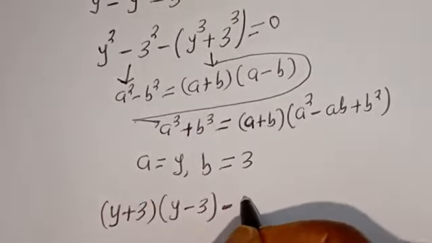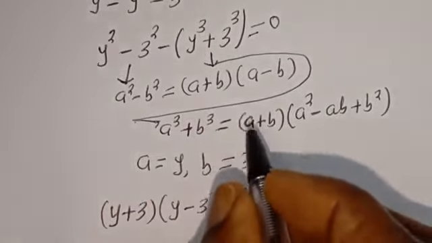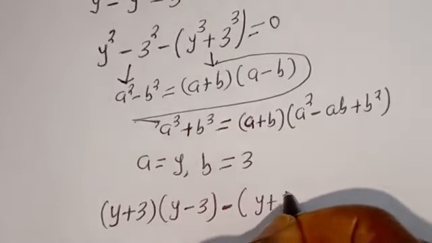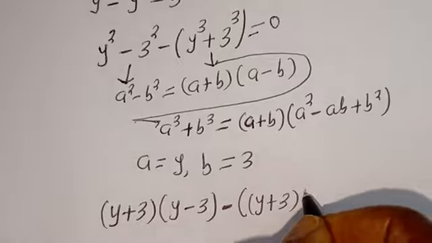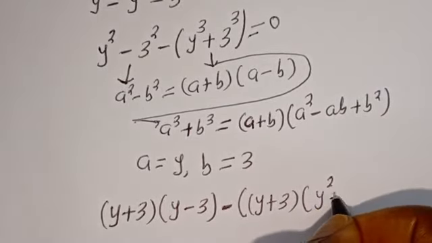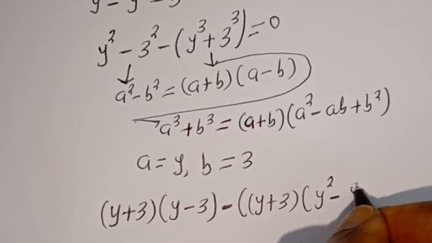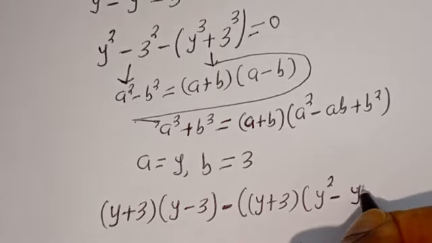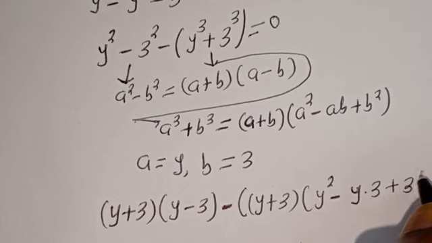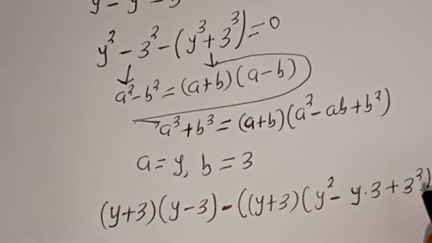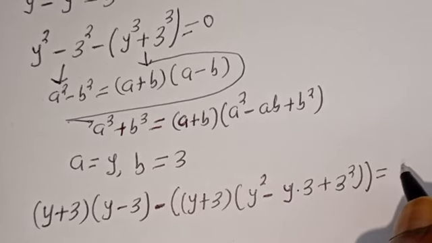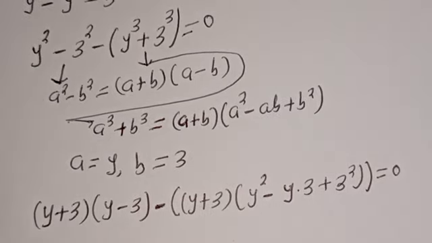We have minus the bracket: y plus 3 bracket y squared minus y multiplied by 3 plus 3 squared, then we close the bracket, is equal to 0.